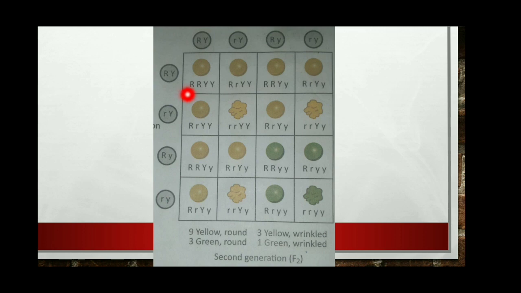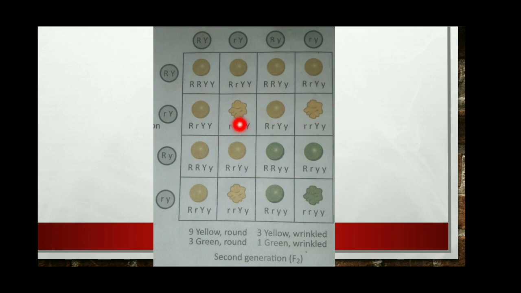In the first row, all 4 contain capital R, capital Y. The second row, the first and third columns. Third row, first cell and second cell. Fourth row, first cell. Now count how many: totally 9 capital R, capital Y. So this trait is yellow round.